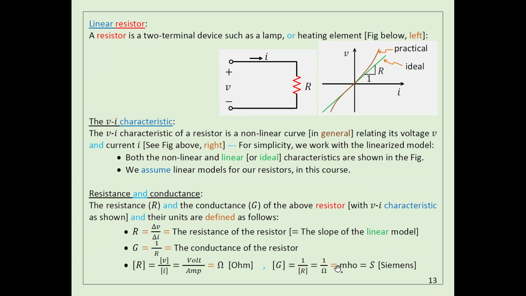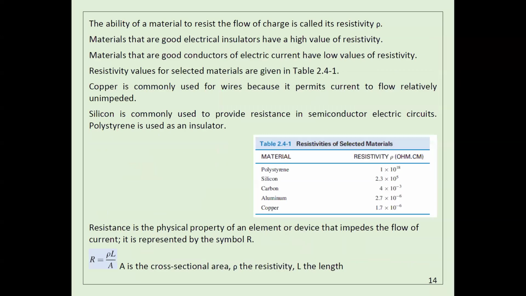Here, conductance is one over the resistance. So this one can tell you how good this conductor is. As this value increases, that means it can deliver electricity better. Okay.